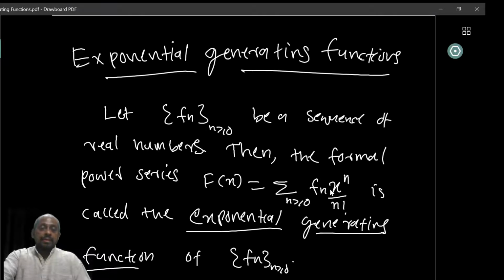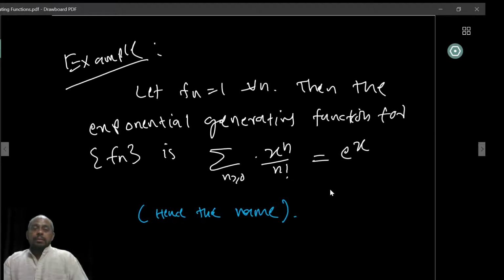So let us look at a very basic example. Let us look at the constant sequence f_n equal to 1. We saw that in the ordinary generating function, the constant sequence gave a geometric series, and then you got the function 1 by 1 minus x. Now in this case, we divide throughout by n factorial, so we get summation 1 into x raised to n by n factorial.